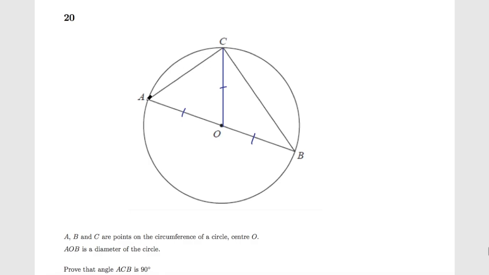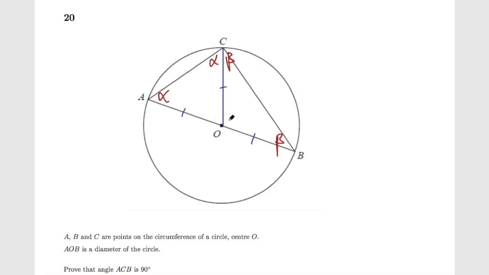Let's say that angle CAB is alpha and angle ACO must also equal alpha, as this is an isosceles triangle, and base angles in an isosceles triangle are equal. Then let's label this angle beta, and therefore this angle also must be beta for the same reason.